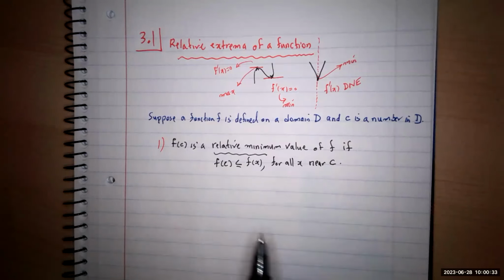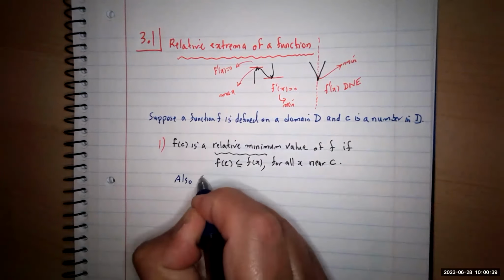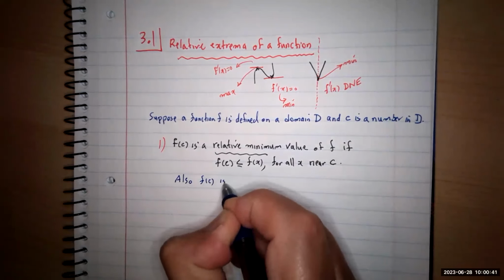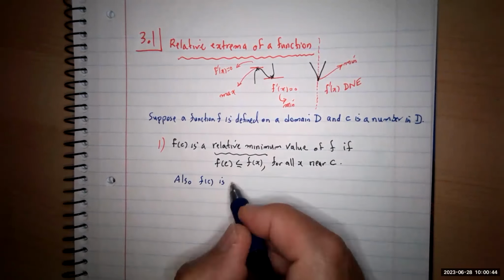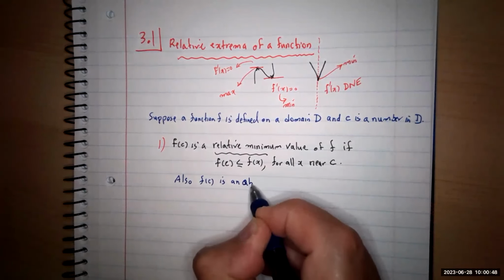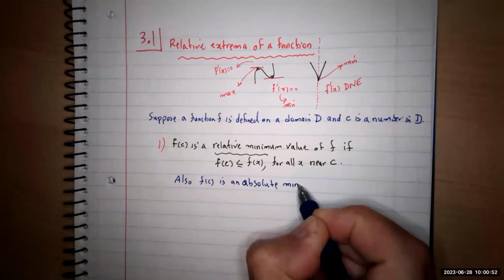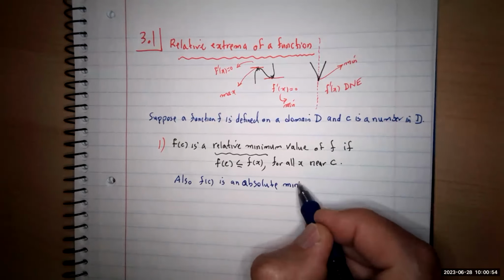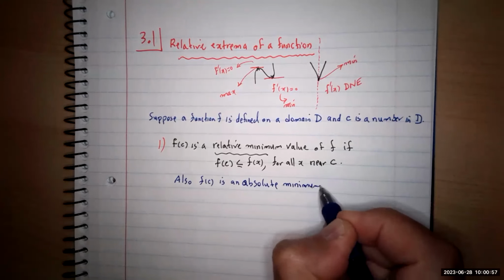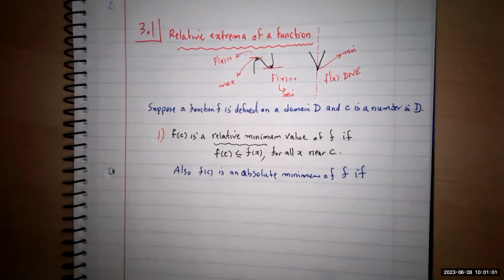Also, f of c is an absolute minimum, meaning the bottom of the function. The absolute minimum of f, when it's absolute minimum, this is the bottom of your function.